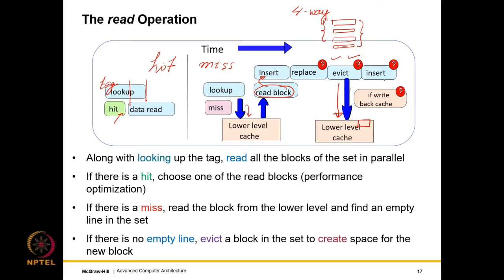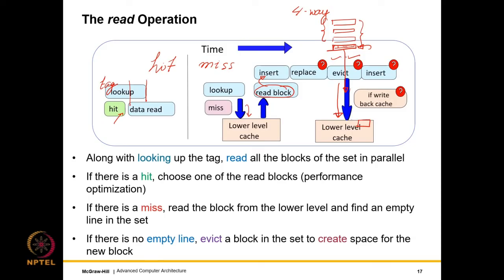We will see there is a variant of this scheme as well in the next slide, but this is the broad idea. After creating space, let's say all the 4 entries were not empty, if we evict this block, then space is created and the new block can be inserted here.